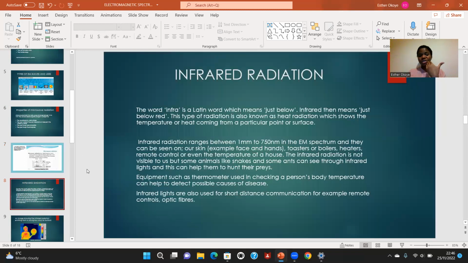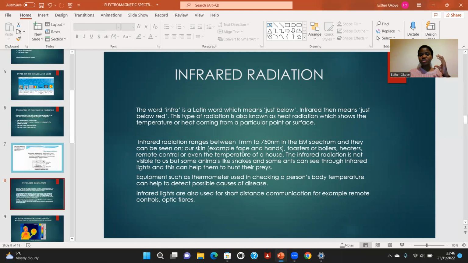Now we are looking at infrared radiation. Infrared comes after the microwave and before visible light. The word infra is a Latin word which means just below, so infrared means just below red. This type of radiation is also known as heat radiation, which shows the temperature or heat coming from a particular point or surface.